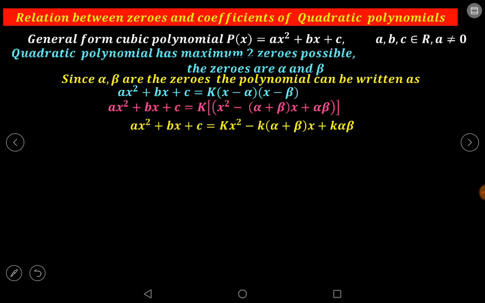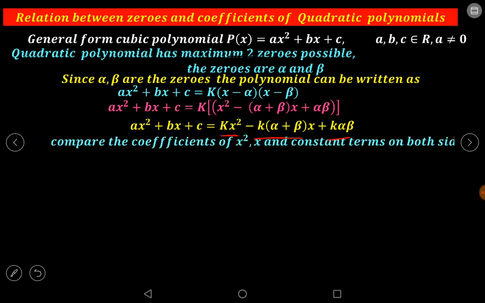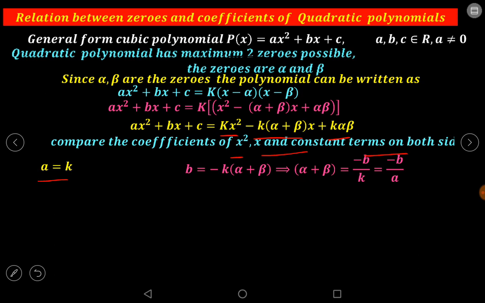Open the bracket: kx square minus k into alpha plus beta times x plus k into alpha into beta. Compare the coefficients of x square, x and constant terms on both sides. a equal to k, b equal to minus k into alpha plus beta. Transposing minus k to the left side, we get minus b by k, that is minus b by a, from equation 1.